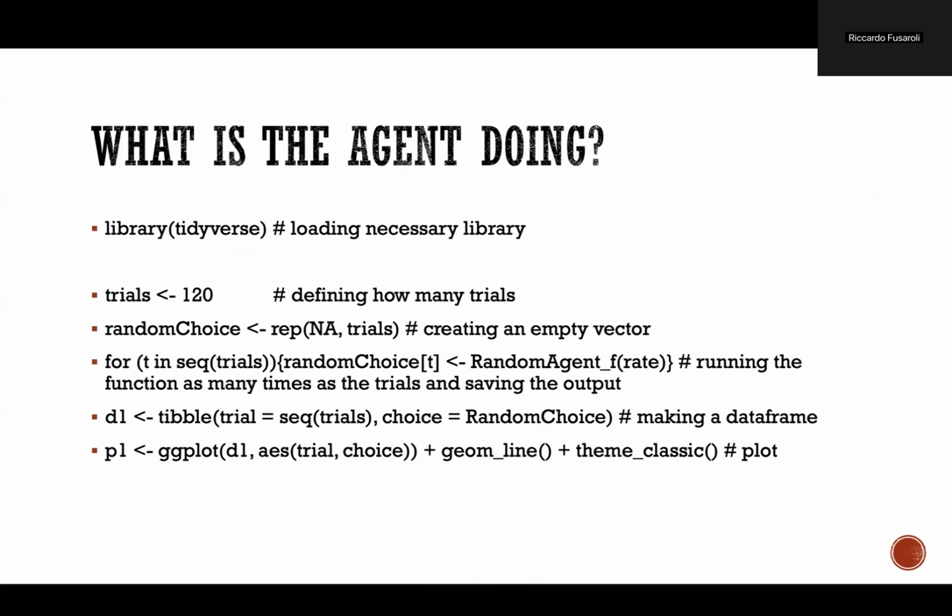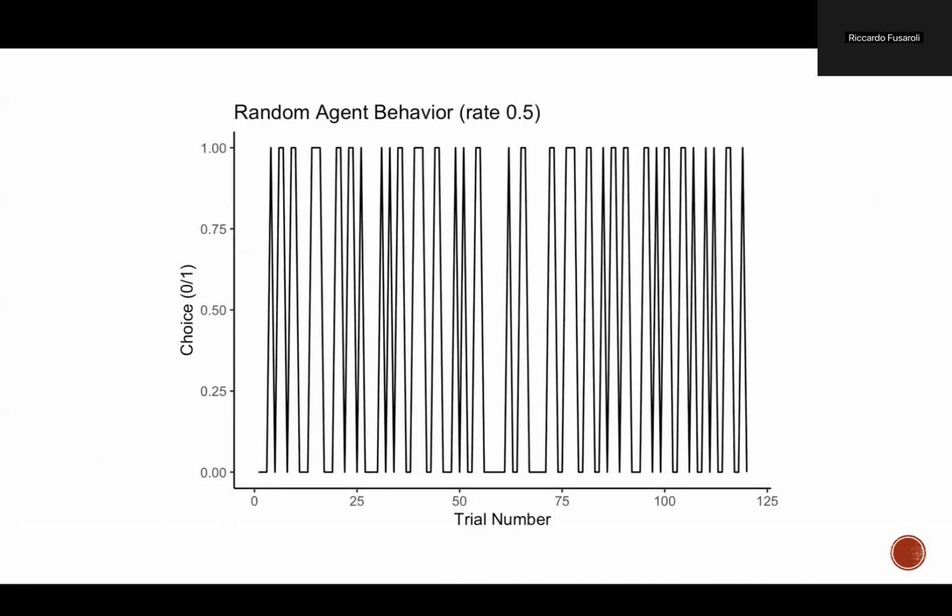You put the data, you put the aesthetics, the y and the x. The x is trial, so we have time on the x-axis. The y is choice, so whether they're choosing 0 or 1. We say just plot a line so we can follow it over time, and use theme classic because I hate the gray background of the default theme. And then we look at the plot.